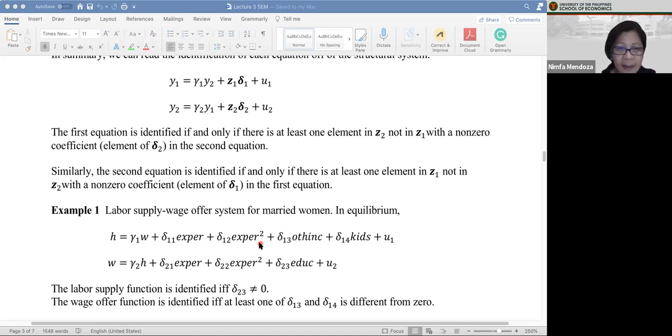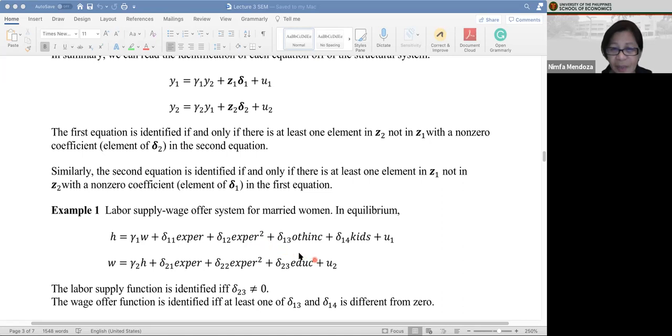Okay. So the first, we have labor supply. So what is in Z that is not in the first equation?